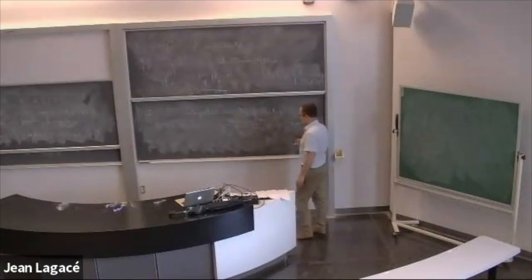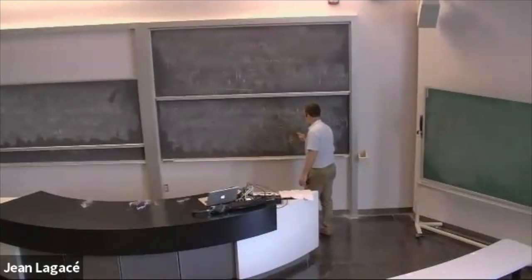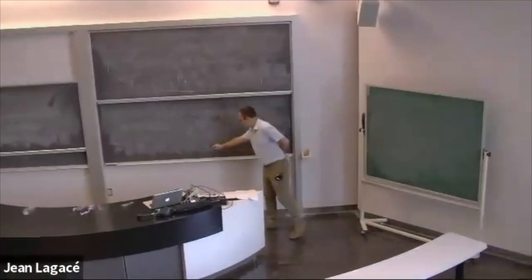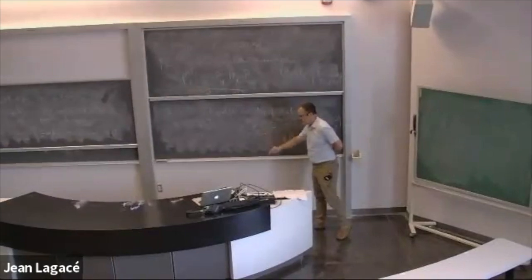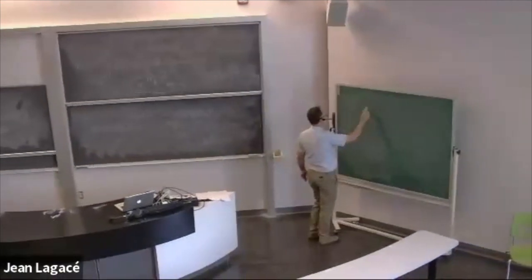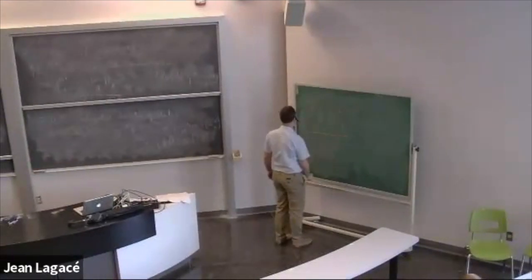What you would like to say is that this converges to the integral of f(lambda) dN(lambda), almost surely in x, as n tends to infinity. This is mu almost surely. And N here is the IDS. So what does it look like?